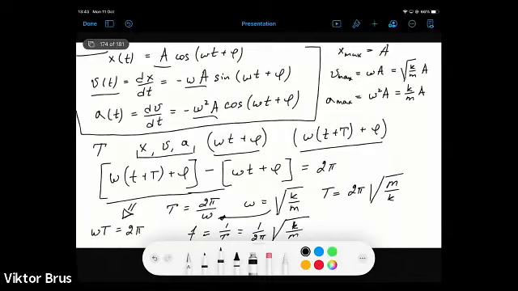So now, if we summarize, we introduced the necessary condition for simple harmonic motion, when acceleration is proportional to the displacement and its orientation is opposite to the displacement.